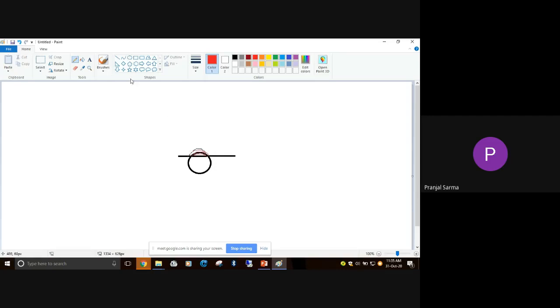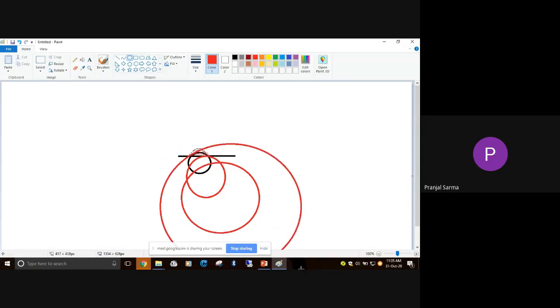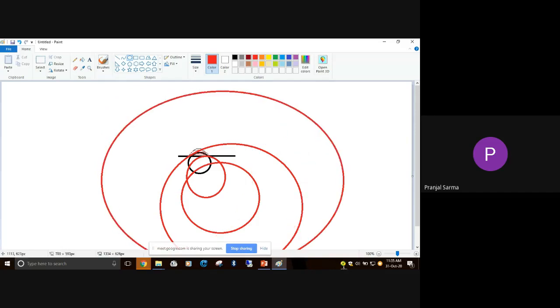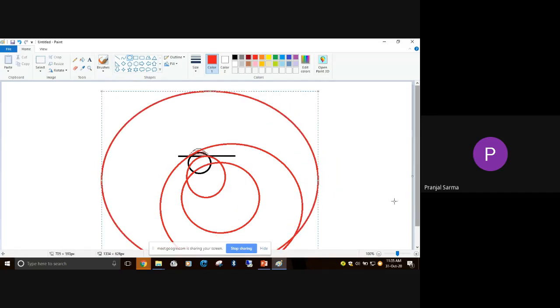But if you keep on extending the diameter of this circle, or consider another circle and keep making it bigger, and you look at a particular portion of it, from here to here, it tends to be a straight line. Yes or no? It keeps looking like a straight line.